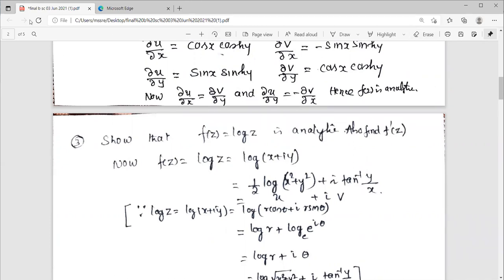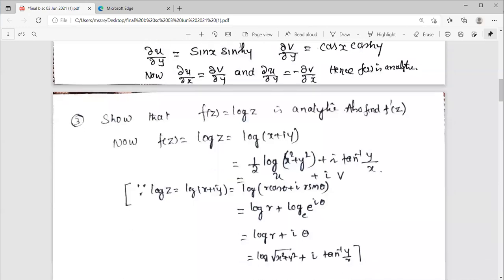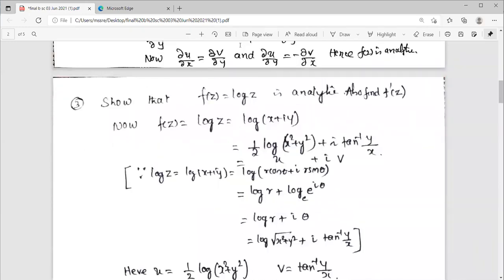Now f of z is log z, equals log of x plus iy. So our z is x plus iy.